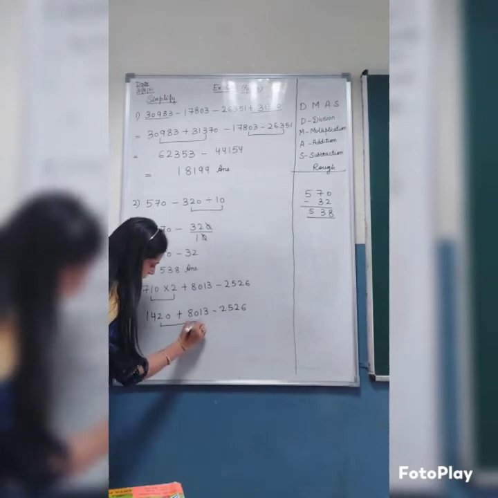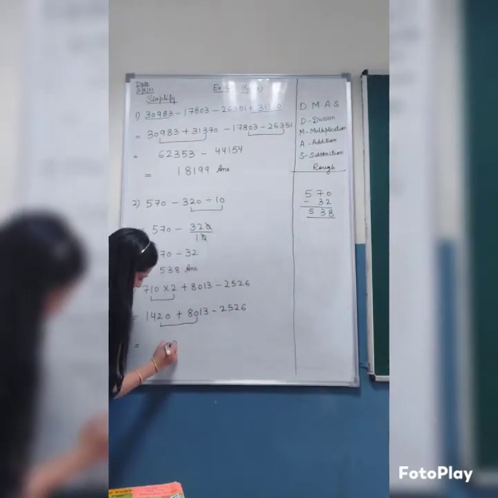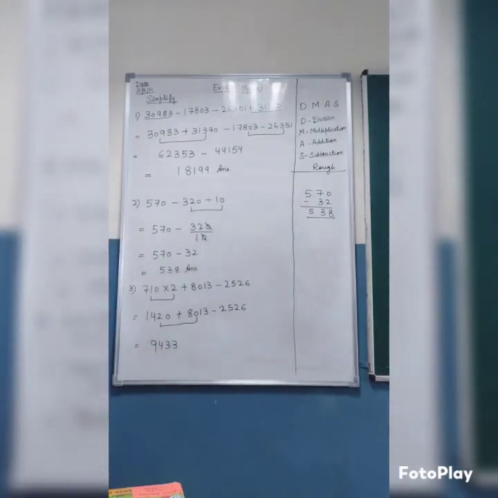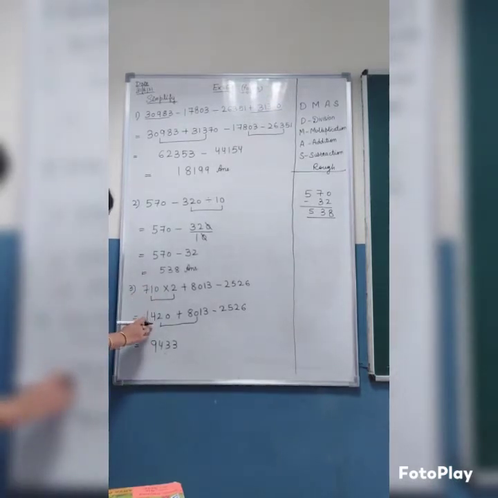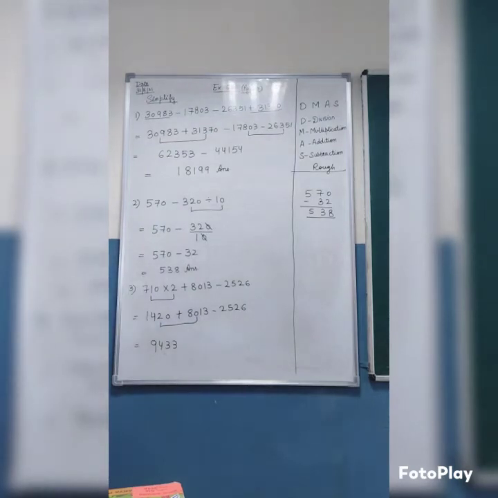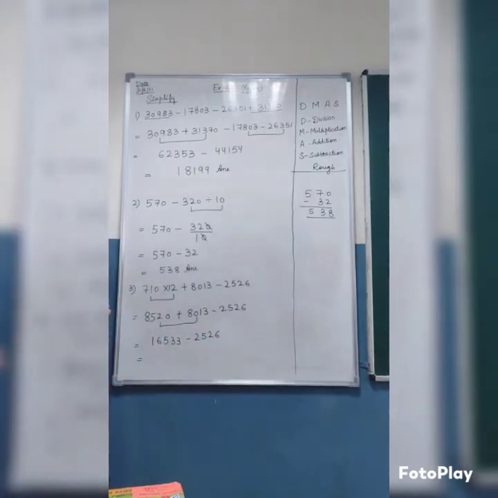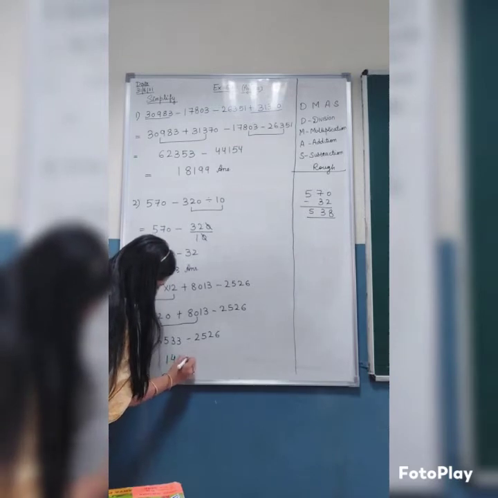Next step is to add both the numbers, and we get 16,533. Now subtract 2,526 from it. What do we get? We get 14,007.